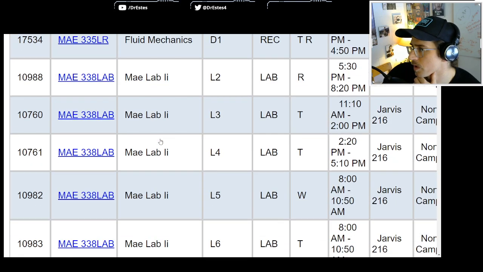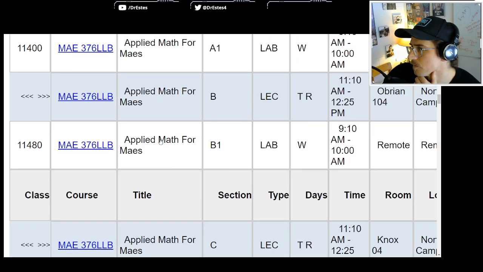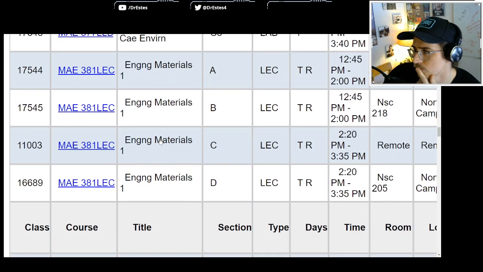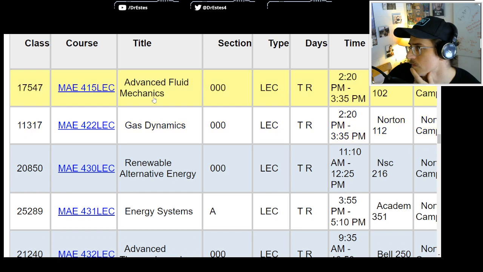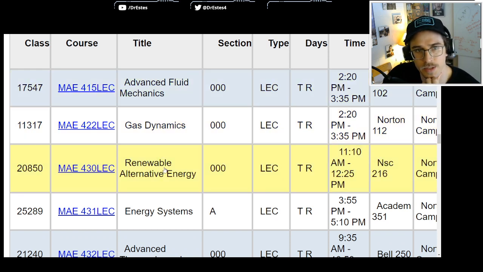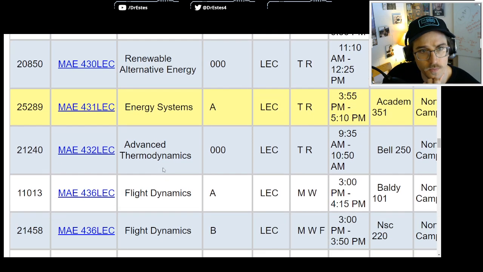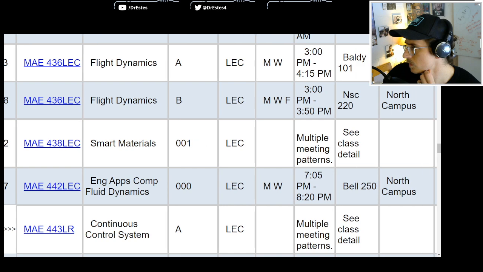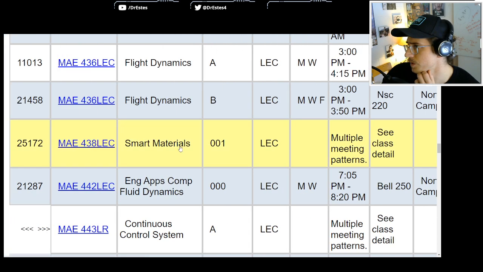Let's go to some 400 level. Advanced fluid mechanics, gas dynamics. Smart materials. Deborah Chung, she does a lot with carbon.